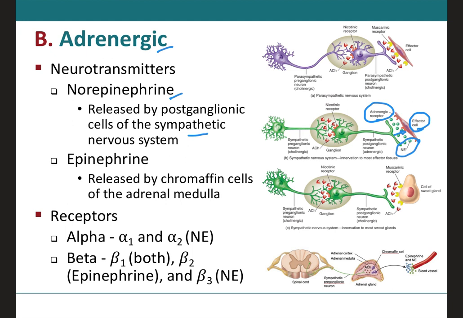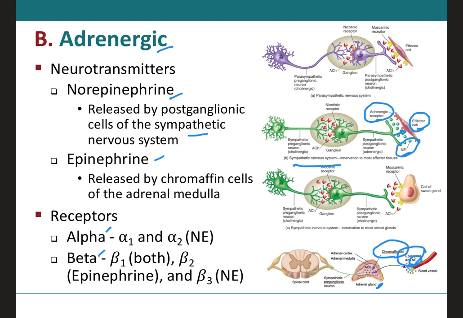In the autonomic nervous system, norepinephrine can be released as a neurotransmitter by the sympathetic postganglionic neurons, as we can see over here, or as a hormone by the chromaffin cells of the adrenal medulla, as we can see over here. And also, we have the release of epinephrine as a hormone as well. Now, the two main types of adrenergic receptors are the alpha receptors and the beta receptors.